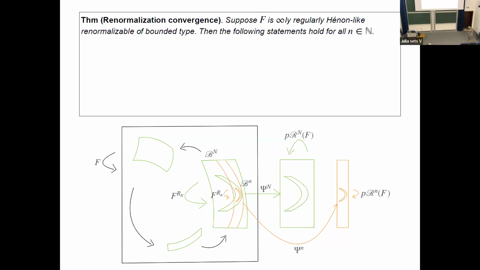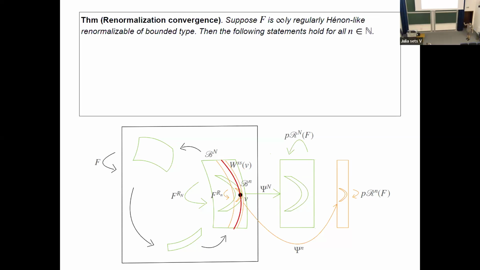So as you go deeper and deeper, you get these long rectangles of width which is exponentially small, right? So in the limit, it will converge to some curve, which under the regularity assumption acts like a stable curve for all time. So therefore, it has to be the stable curve. Okay, so this is what the domains converge to.